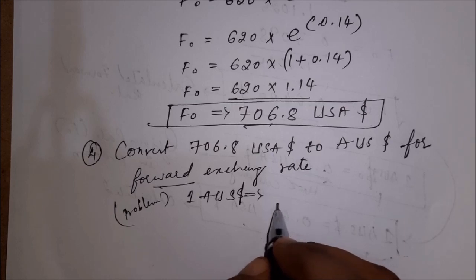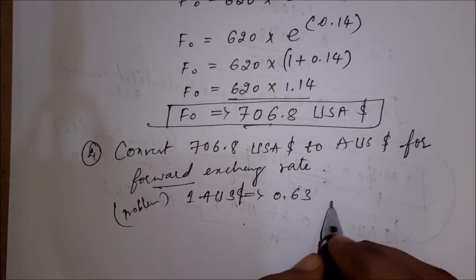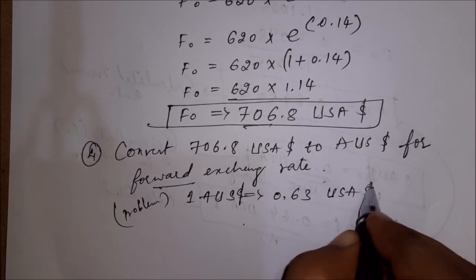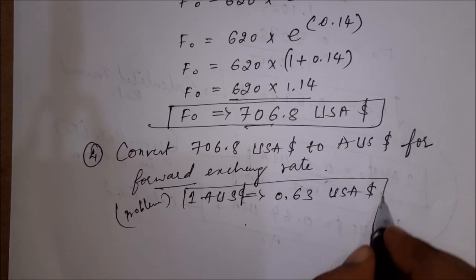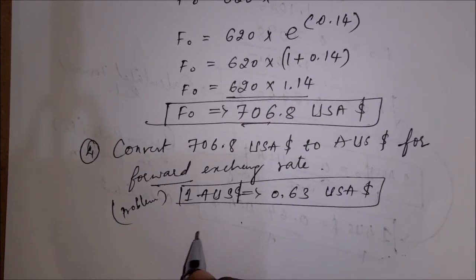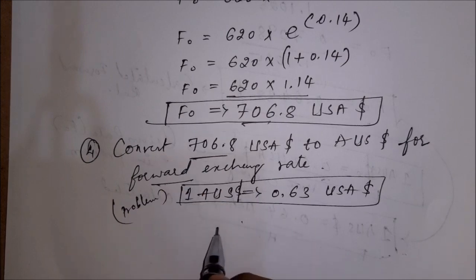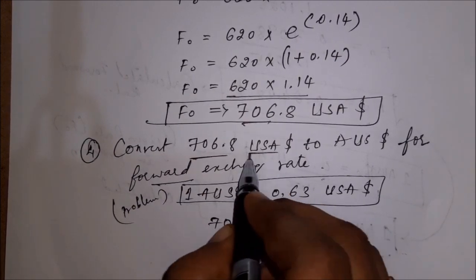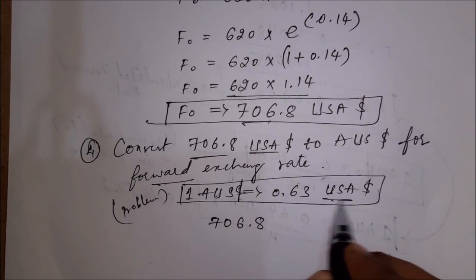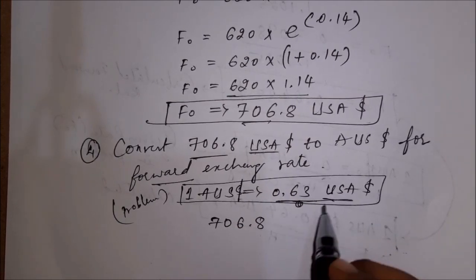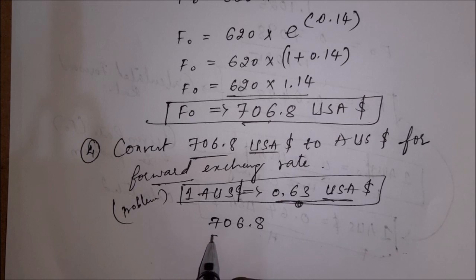Now see here, in this quotation, 706.8 is in USA and 0.63 is also in USA. So we have to divide here with 0.63. Then we will get Australian dollar.